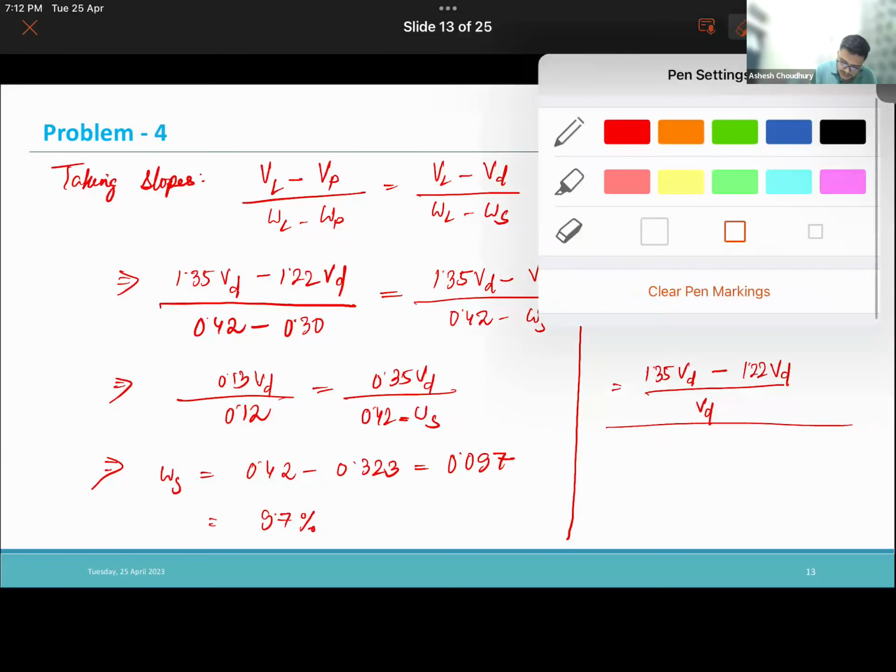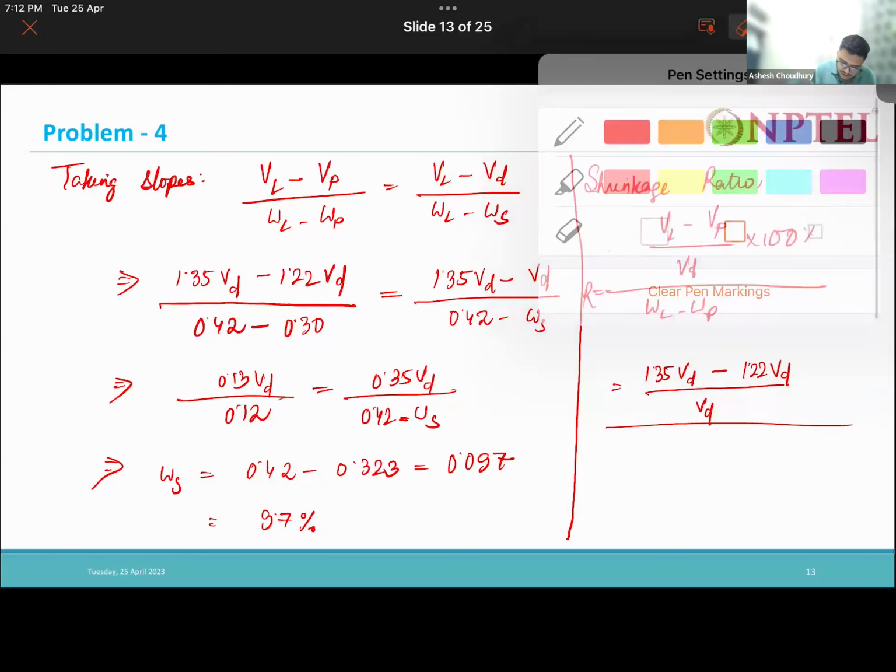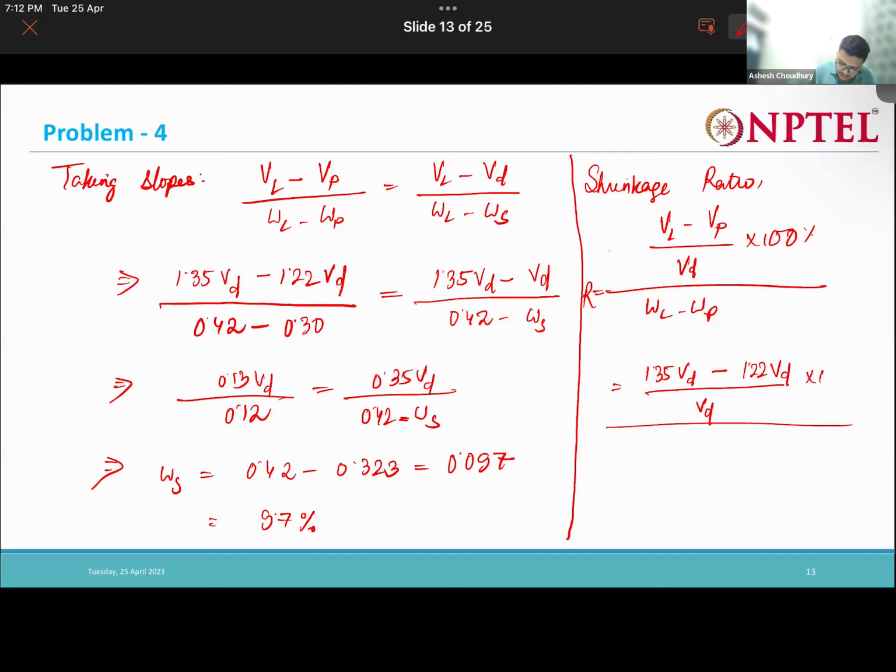We are using the percent sign above, so we directly put this in percent unit. Okay, so please calculate this shrinkage ratio. How much is it coming?